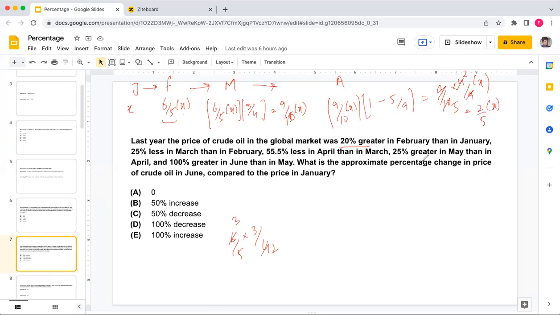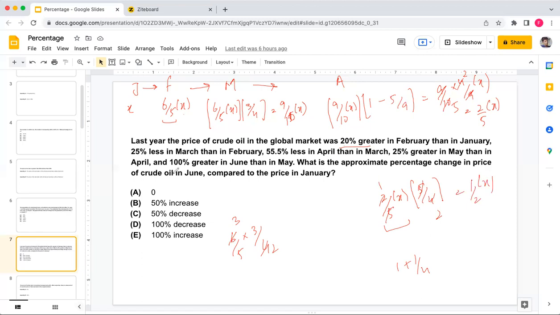And after that, there is a 25% increase in May. This is from the last value, and a 25% increase is what? That is 5 by 4, which is 1 plus 1 by 4. So this will cancel out, and this will be 1 by 2 of x.